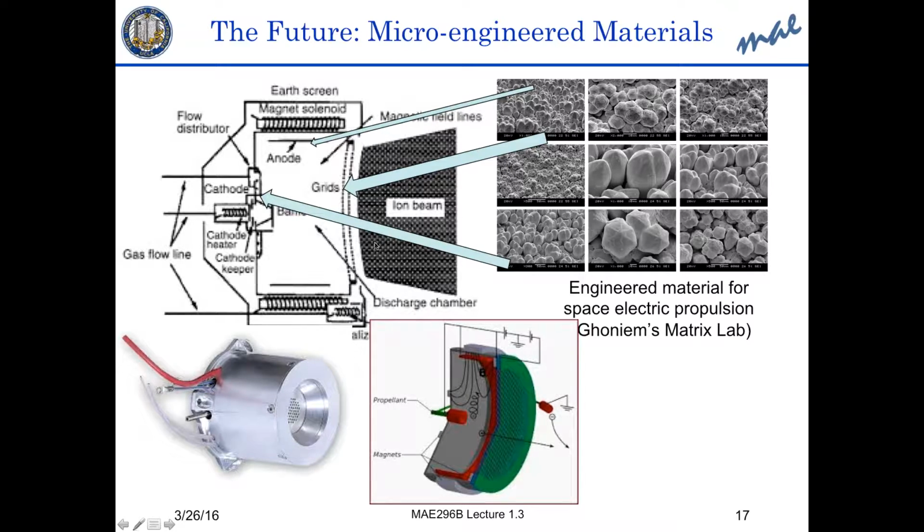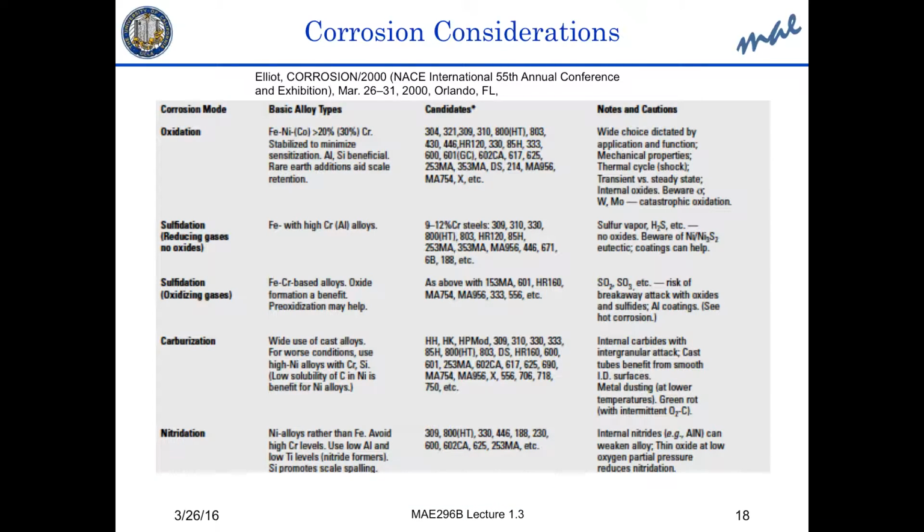This is the grid here that's going to be hit by these ions, and we have an anode and a cathode, and the plasma flows between the anode and cathode. These are very high electric currents, and therefore these materials will be under extreme conditions of electricity, magnetics, and heat flux that would be detrimental to their survival.